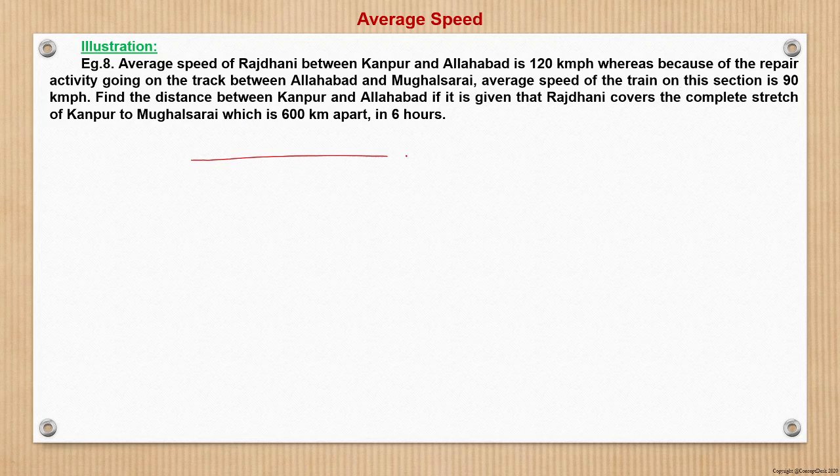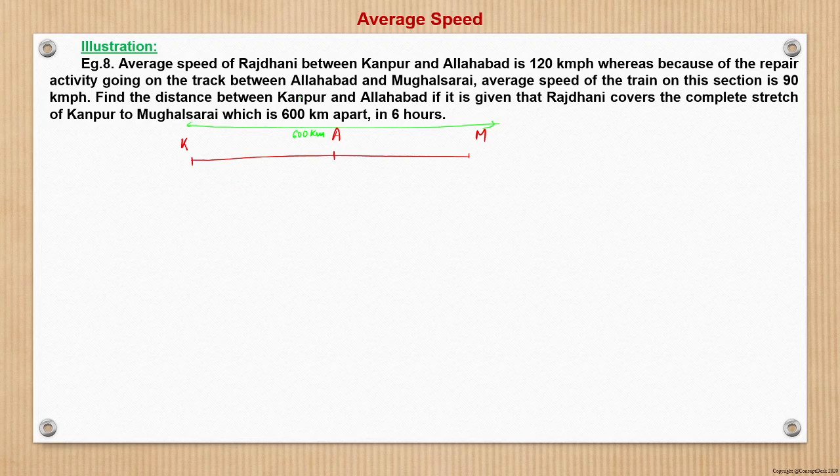So let us draw the sequence of events pictorially. Let this be Kanpur, let this be Mughalsarai, in between would be Allahabad somewhere, right? Now the total distance from Kanpur to Mughalsarai is given as 600 kilometer.